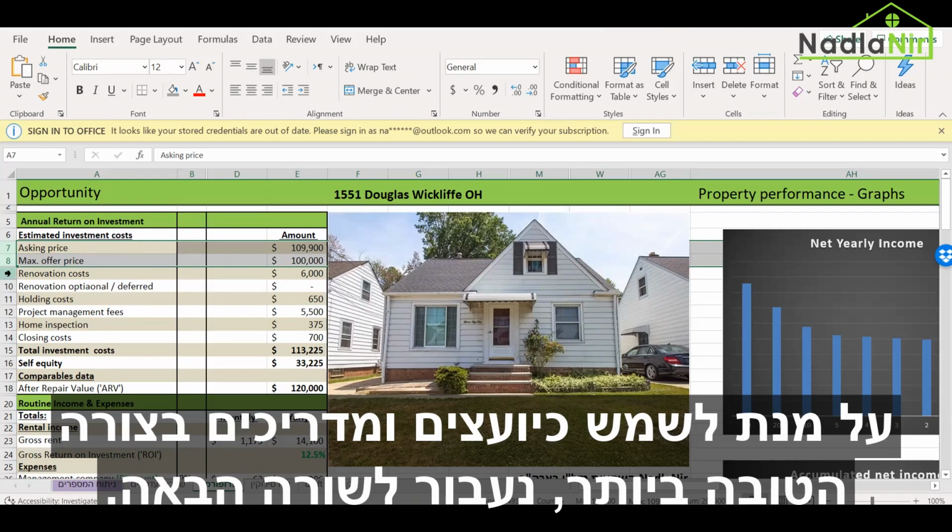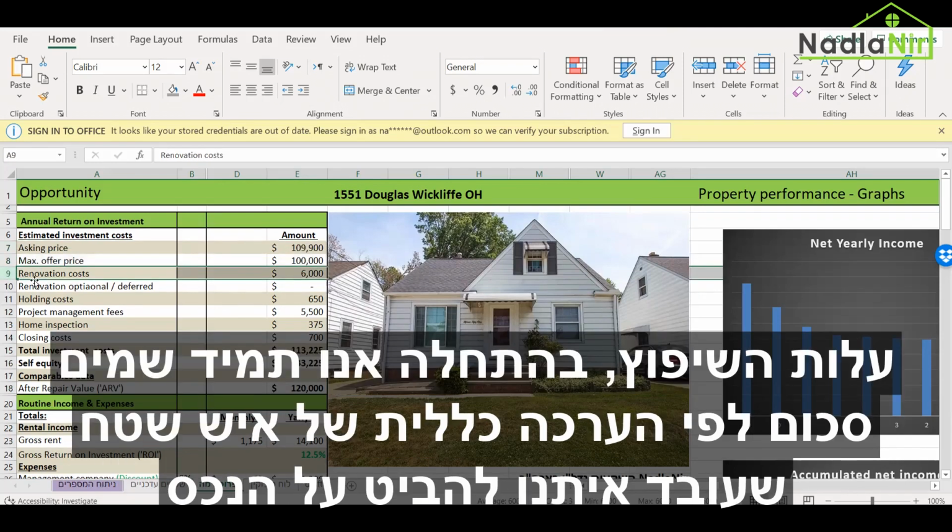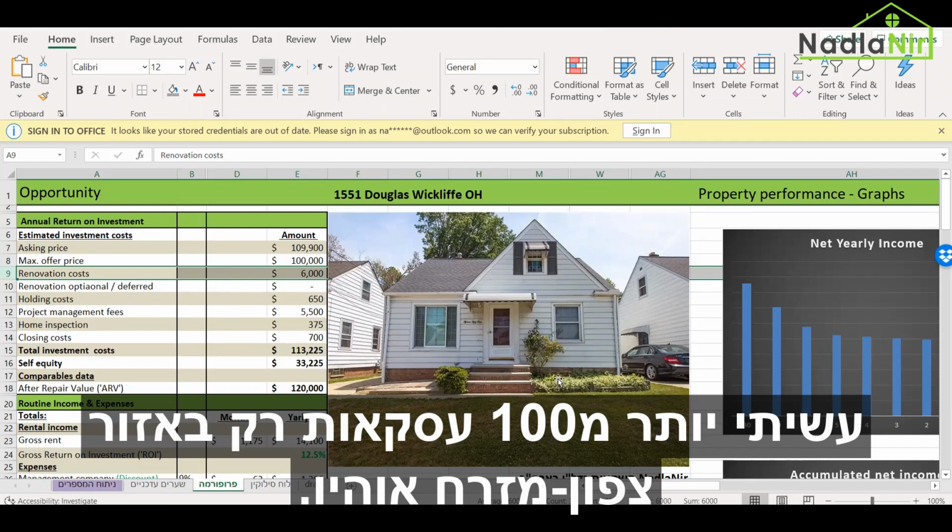So the next line is renovation costs. To begin with, we will always provide a rough figure, sending some boots on the ground to view the property. I did more than 100 deals just in the Northeast Ohio area.